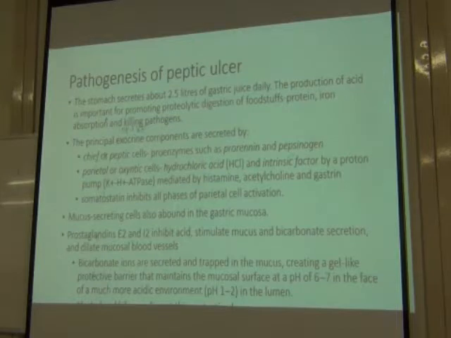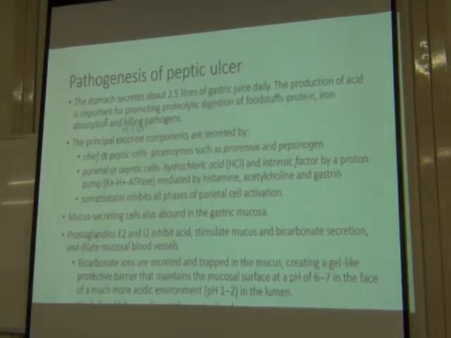They are secreted by certain cells of the GIT, and these cells are referred to as your chief or peptic cells and your parietal or oxyntic cells. So you have these two different kinds of cells that are involved in the release of gastric juices.